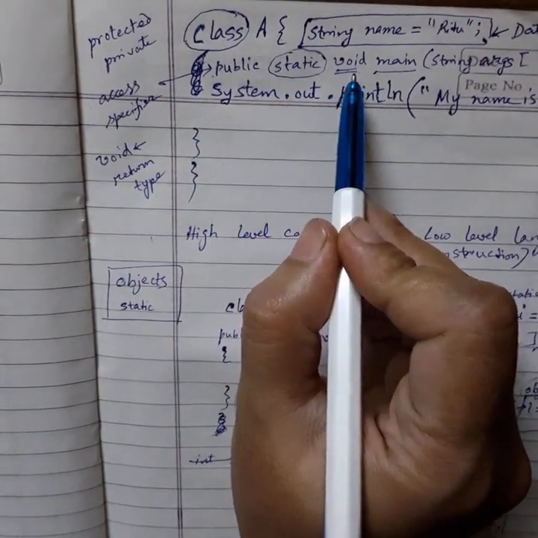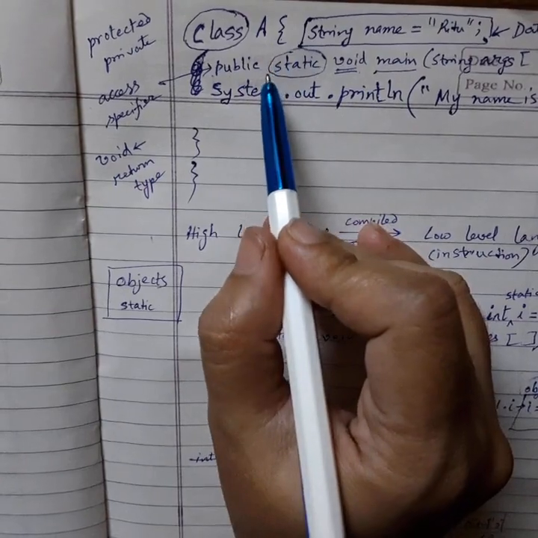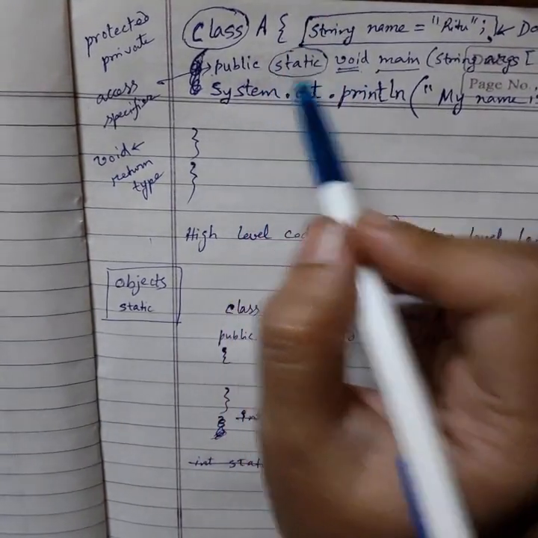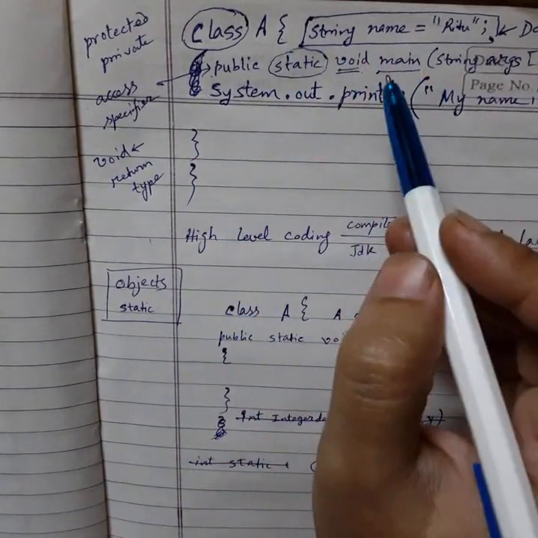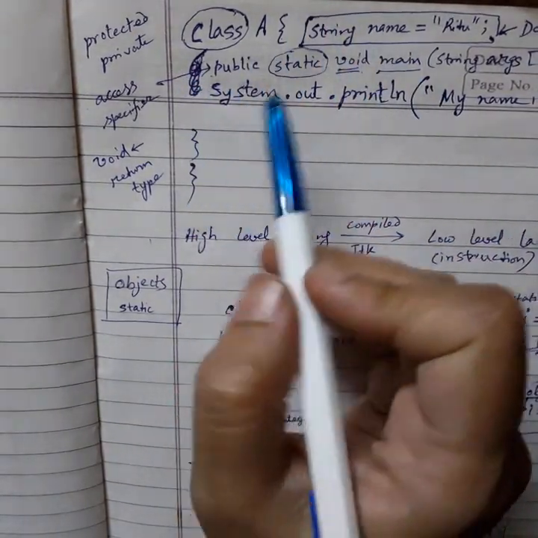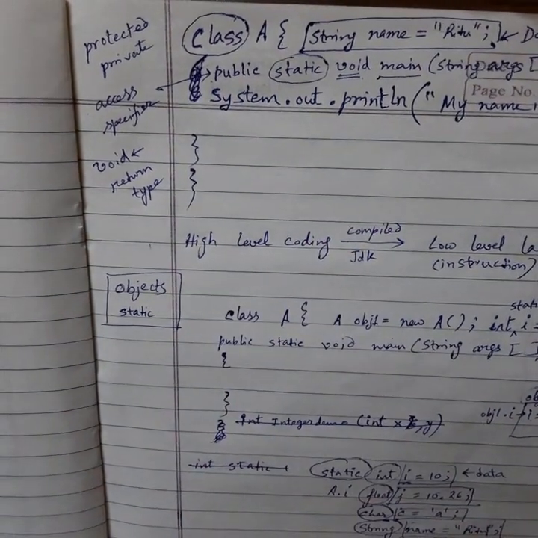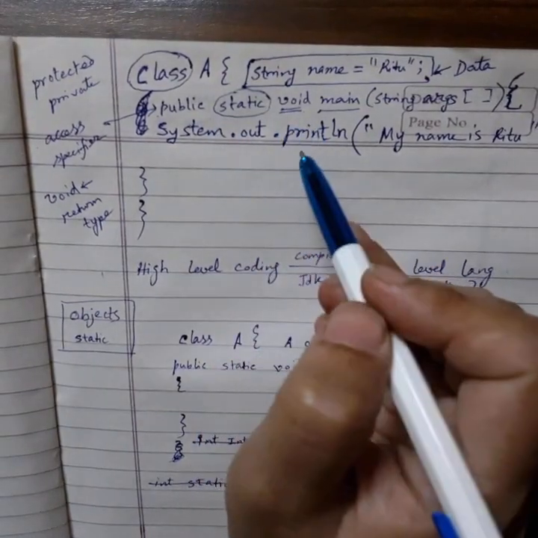Void is the return type, static belongs to the entire class, main method belongs to the entire class, so it has to be static and public for the interpreter to interpret, for the execution to commence from here.